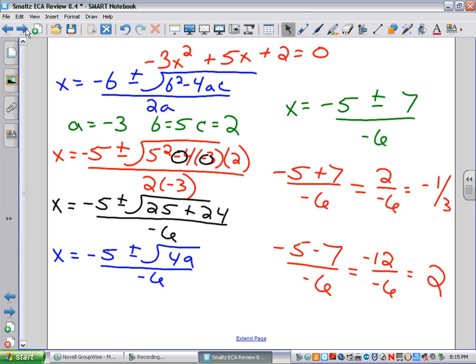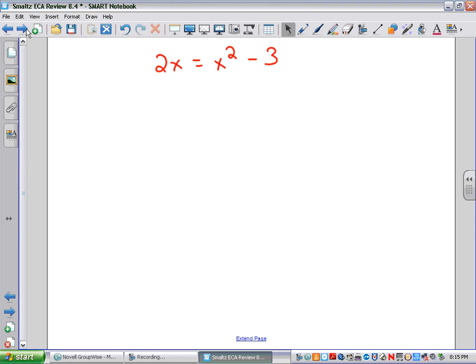One more. And we got to change things up. Notice that the first two equations were in that A, B, C equals 0 format. This one is not. It has to equal 0 and be in order. Well, to change that, I'm going to take the x squared, move it over here, and this minus 3 and move it over.